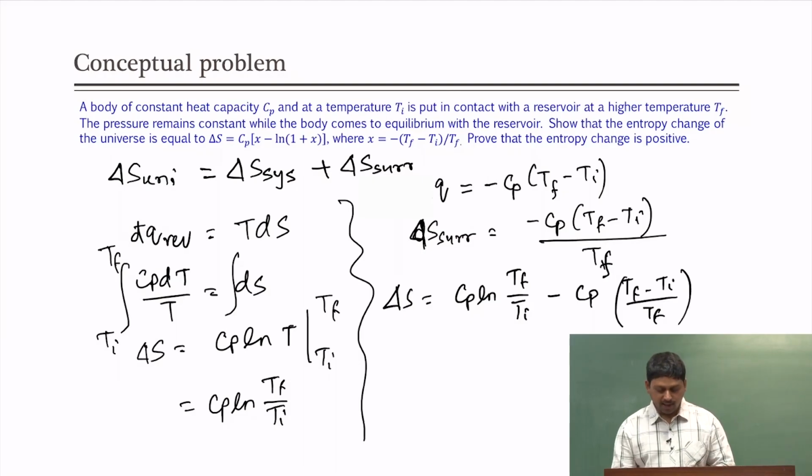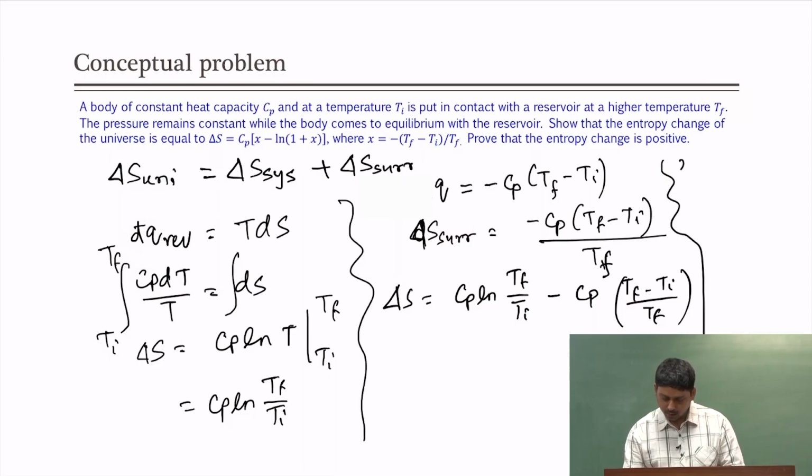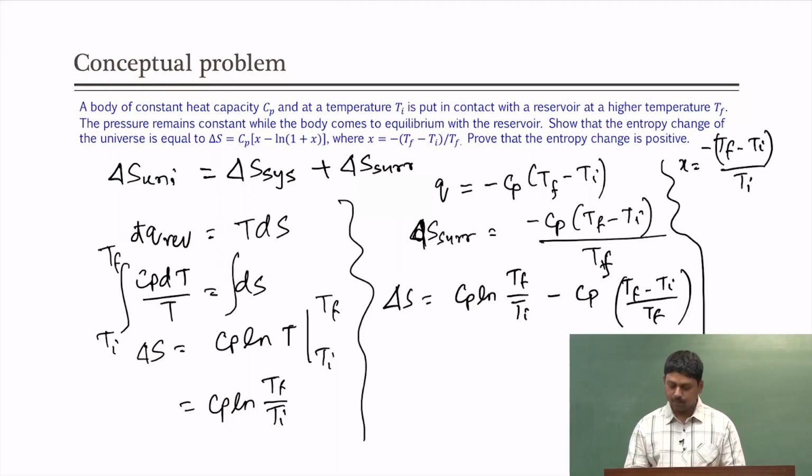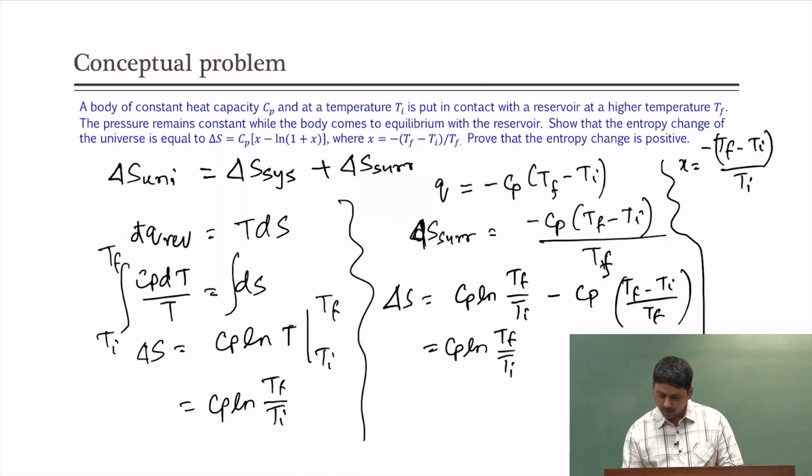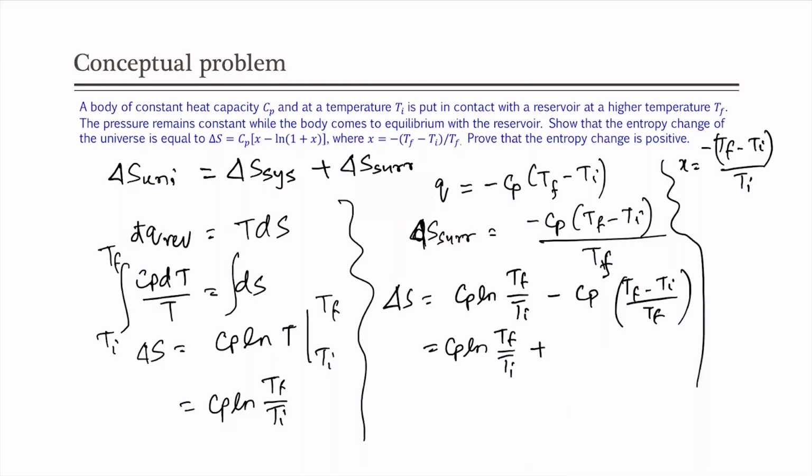Now, what is x given here? x is minus Tf minus Ti by Ti. So, it is this particular quantity minus this particular quantity. So, we can write it as Cp ln Tf by Ti plus Cp into x.